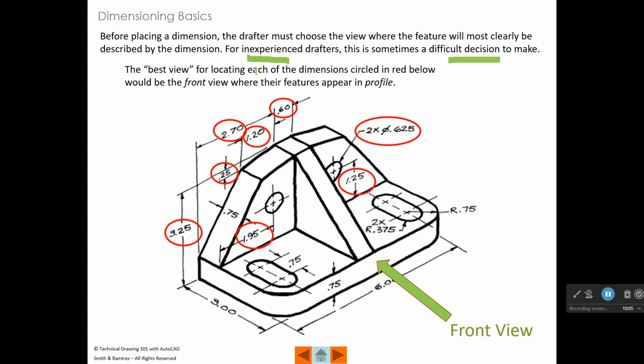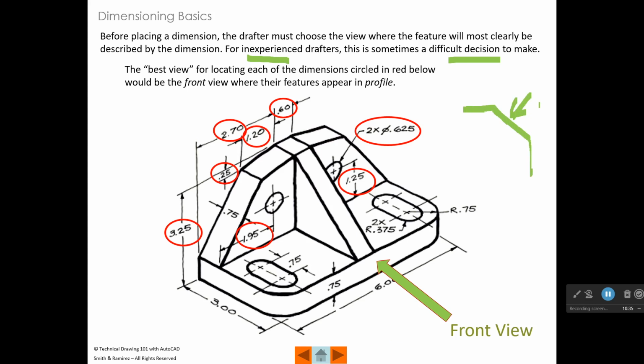But the best view for locating each of the dimensions circled in red here would be the front view, because those features would appear in what we call the profile view. All right. So a profile view, for example, would be if we had a part that went across straight like that and then went off at an angle like this and then went down. That right there, that would be the profile of that chamfer.